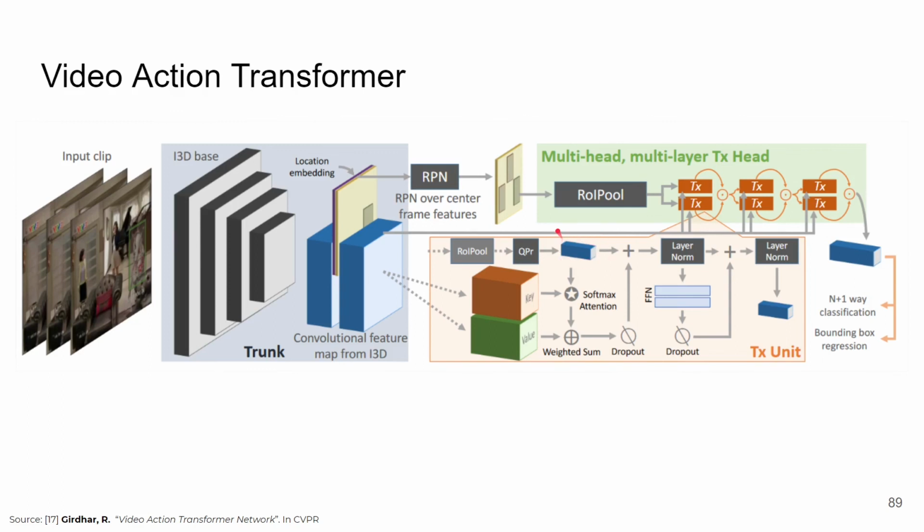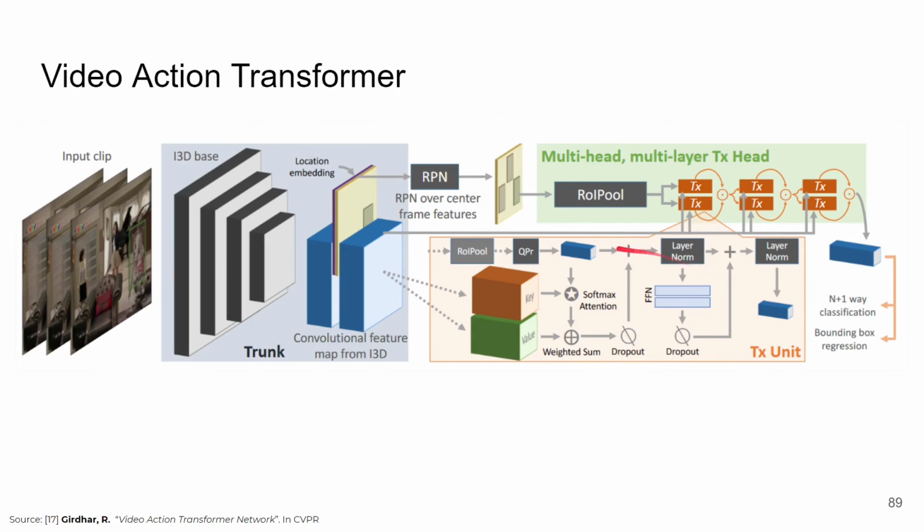This is going to be a very small query because it only covers relevant regions for the central frame. But then we have the keys and values, which use the information from all the video, all the volume information. We keep keys and values exactly the same, and we get the query to evolve. We use this query to attend to all that information, and we get as output a new, evolved query.